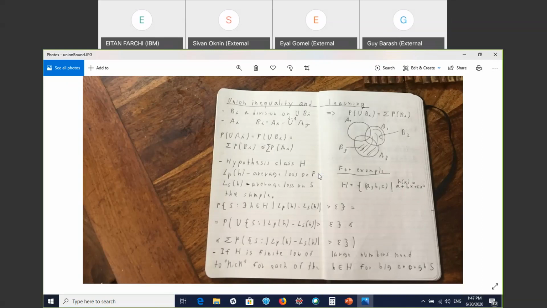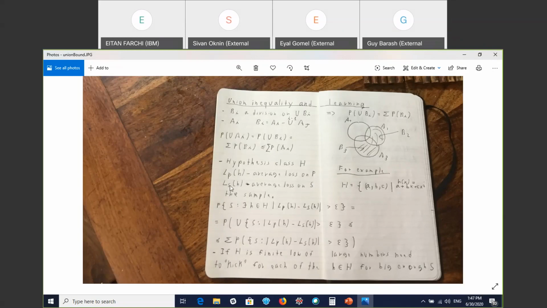If we choose a specific model and we are learning on a training set, which we call here a sample S, then if it's a classifier, we could check on each example whether we are correct or not, and depending on some loss function, we'll get an average loss on the sample.